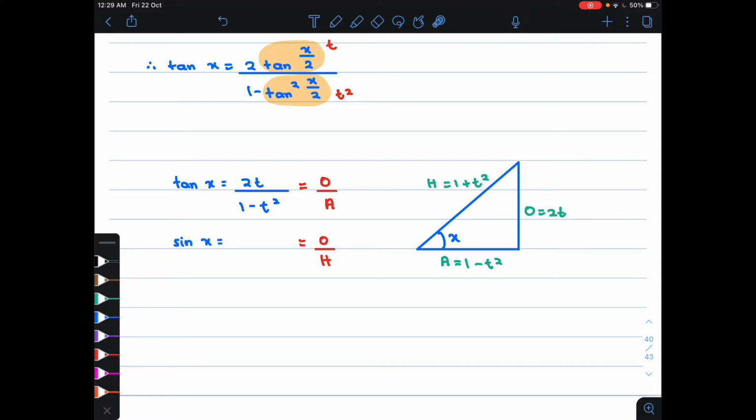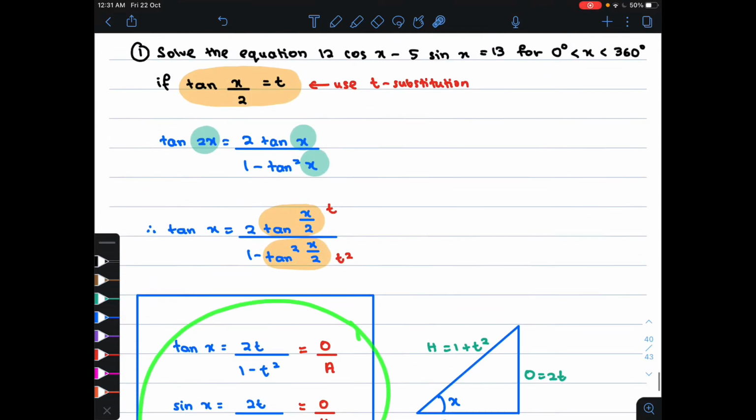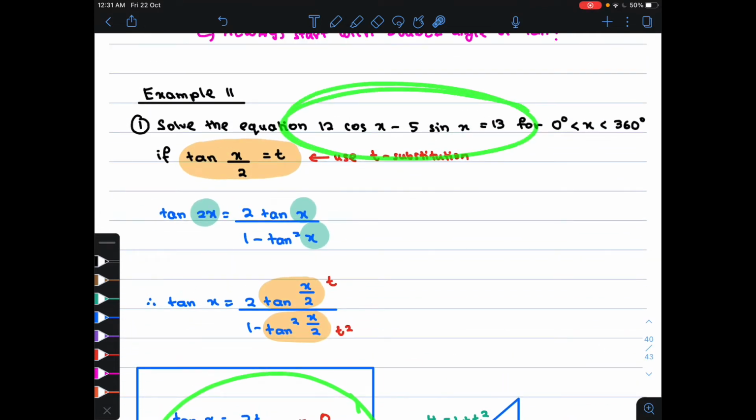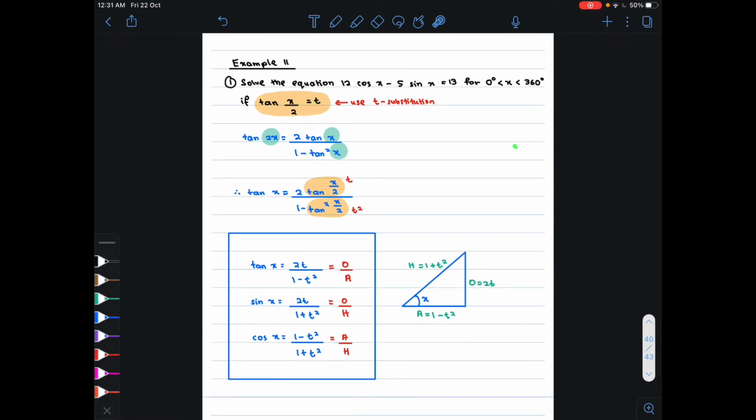Sin x is O divided by h, and cos x is A divided by h. So we will use tan x, sin x, and cos x, and then we are going to substitute this back into our question. So, for t-substitution, all these steps are compulsory.